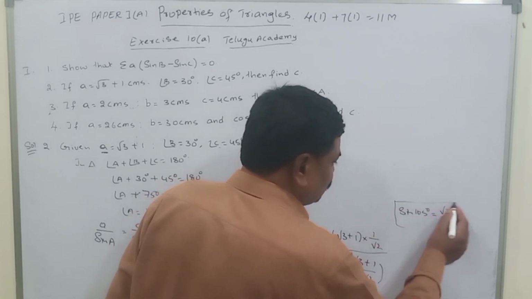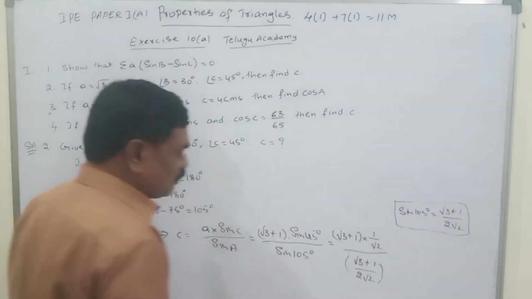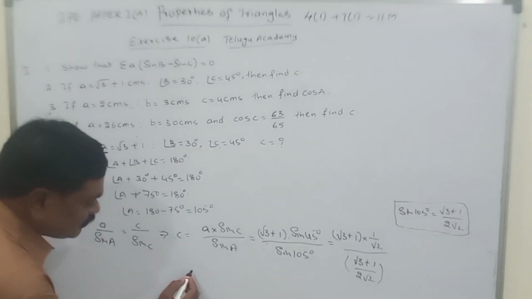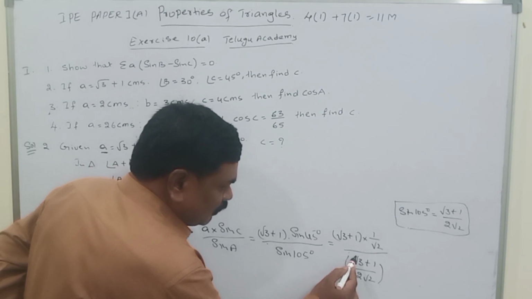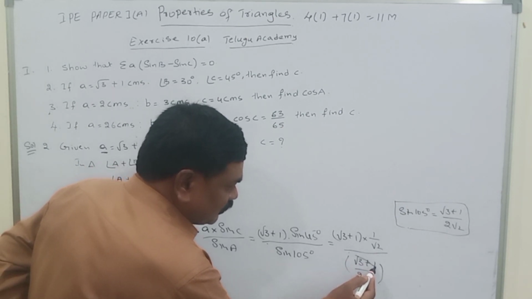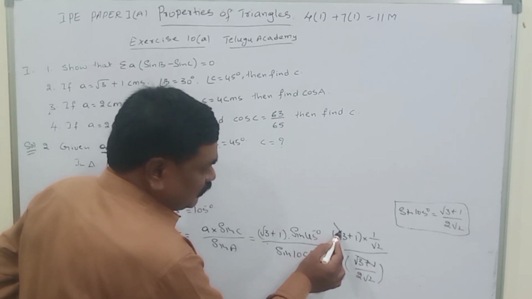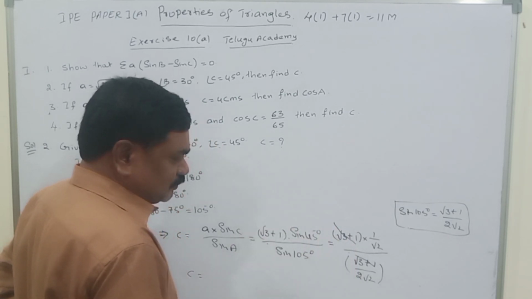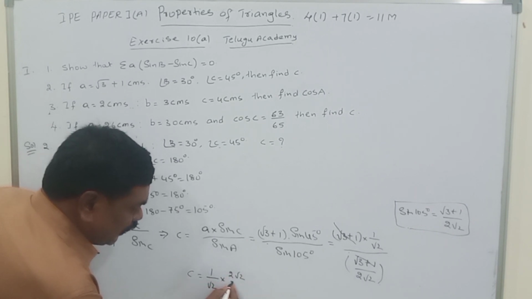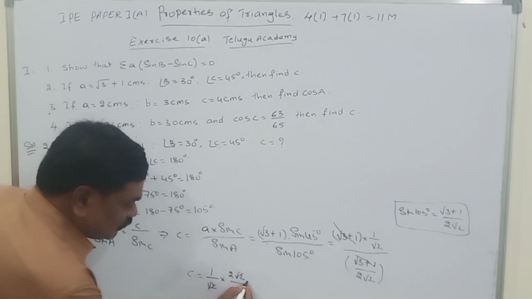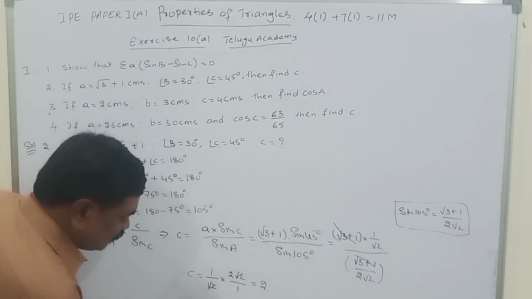We know this formula, this value. So what is c equal to? You observe here, the numerator root 3 plus 1 and the numerator root 3 plus 1 cancel. What is remaining? 1 by root 2 into 2 root 2 by 1. Root 2 cancels, leaving 2. Therefore c is equal to 2.